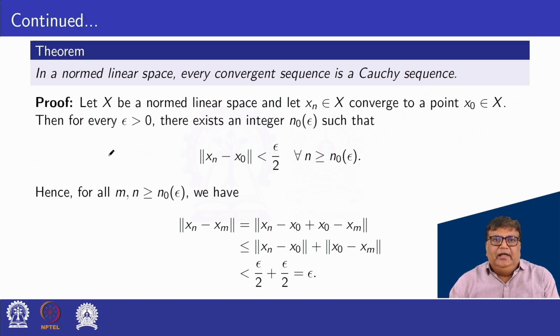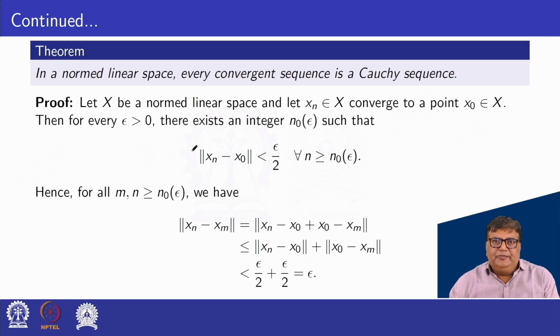Hence, for all m, n greater than or equal to n0, we can write norm xn minus xm equals norm xn minus x0 plus x0 minus xm. Here we have added x0 and subtracted x0. Applying the triangle inequality of norm, this is less than or equal to norm xn minus x0 plus norm x0 minus xm.